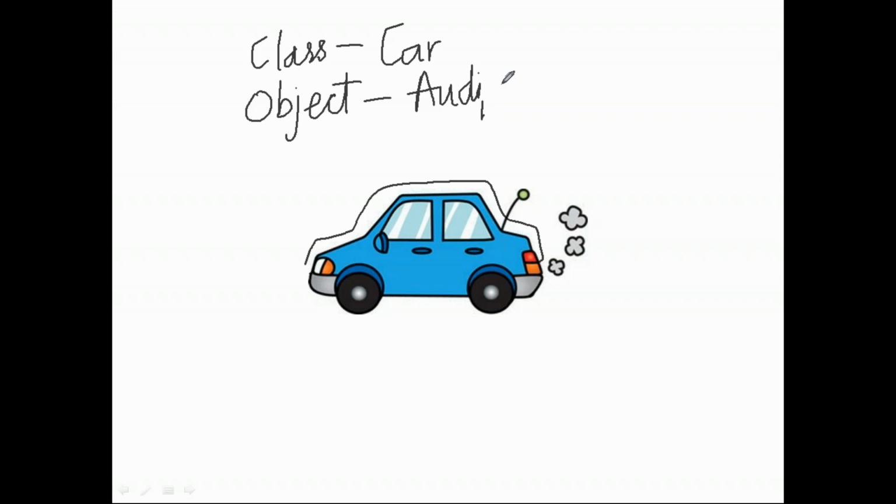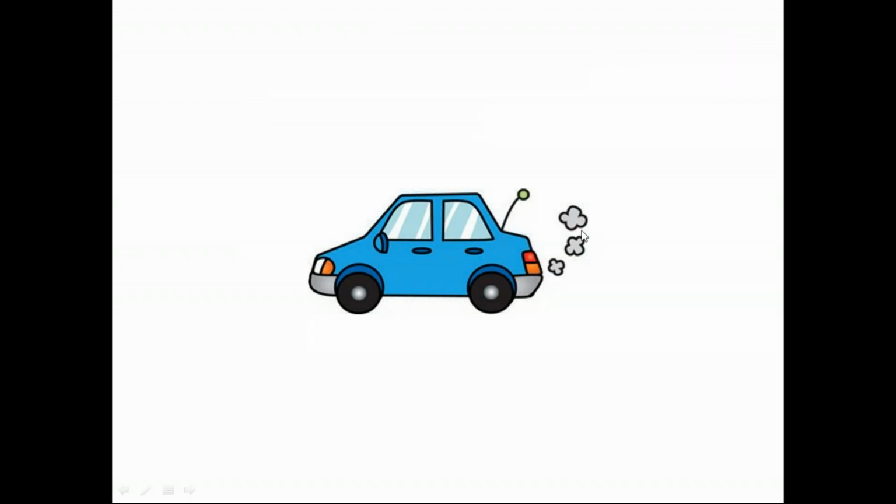Okay, Audi is an object, Mercedes is an object, BMW is an object, Toyota is an object. So these are the objects of the class car. Okay, so this is the concept of class and an object. I'll just give you a couple more examples.